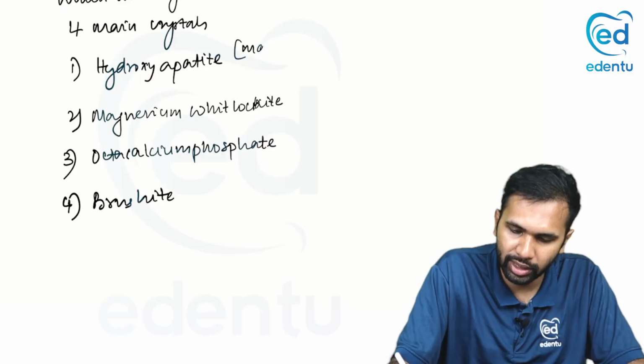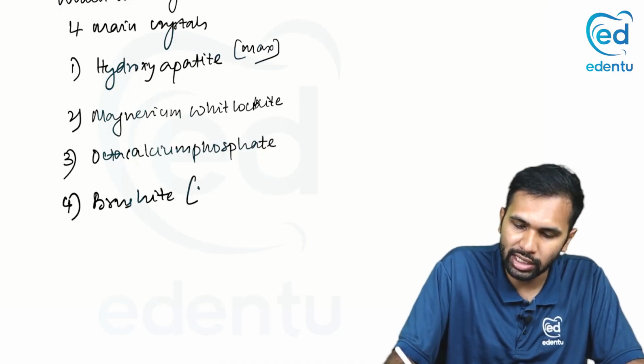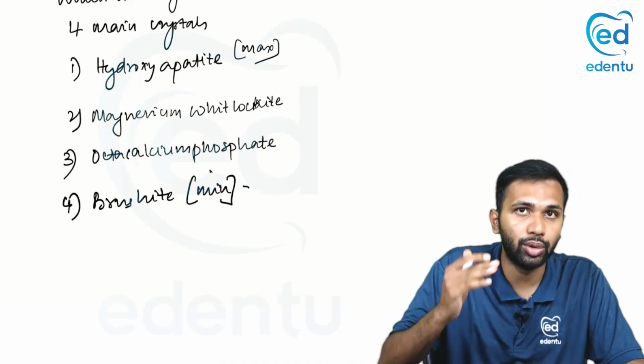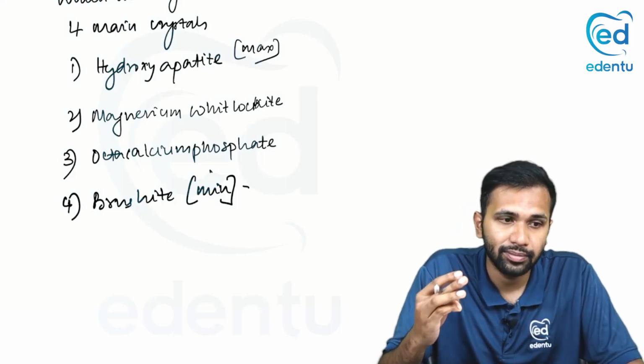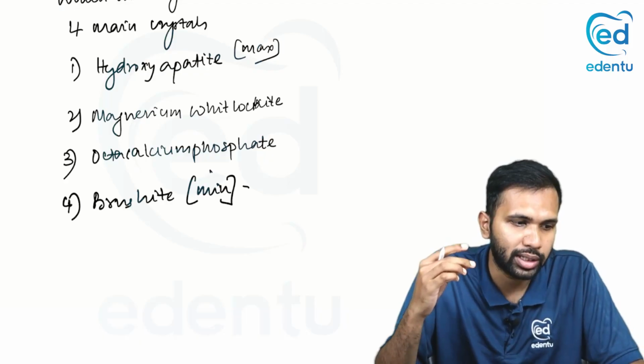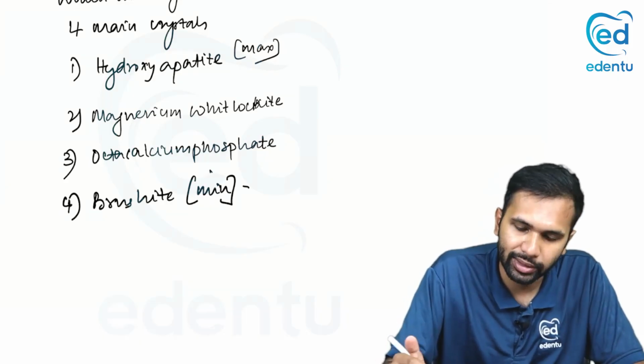Maximum amount is hydroxyapatite and the least amount is brushite. So again, the 4 crystals are hydroxyapatite, magnesium whitlockite, octacalcium phosphate, and brushite.